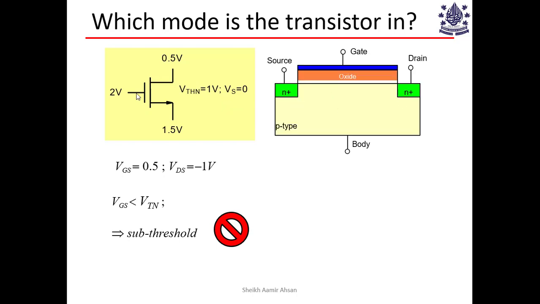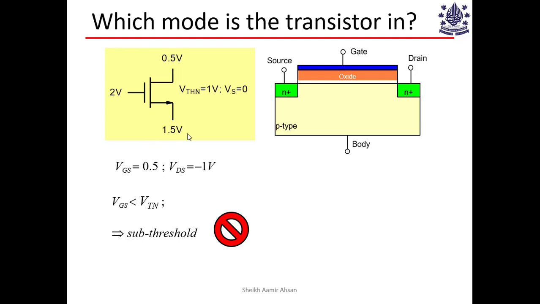So what decides whether this one is source or this one is source? Remember in the earlier lectures I mentioned that a transistor is a symmetric structure. It doesn't matter whether you apply high voltage here or high voltage here. It's not fixed that this will always be the source and this will always be the drain, right?